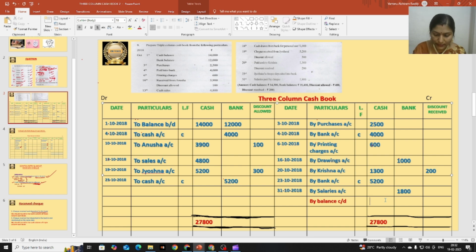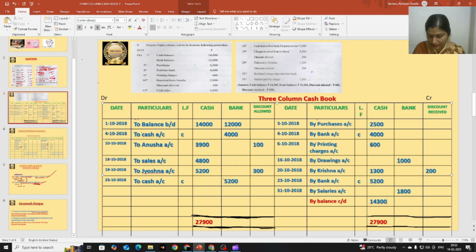Debit total is 27,900 and 27,900, this one, not 800, 900. So 27,900 minus 13,600, we will get 14,300. We will record 14,300 here.